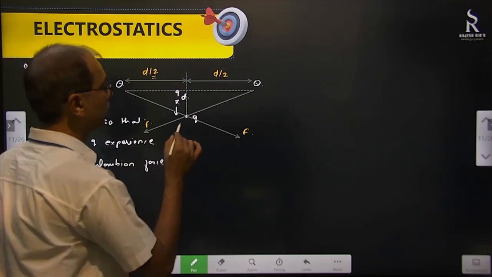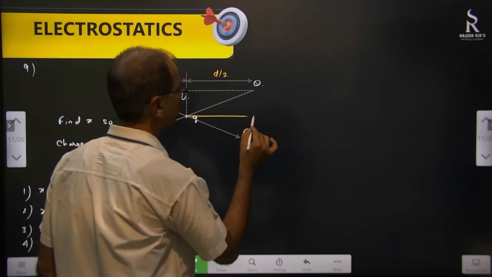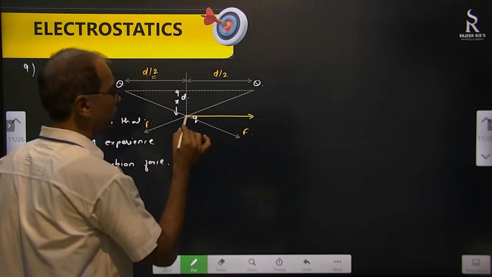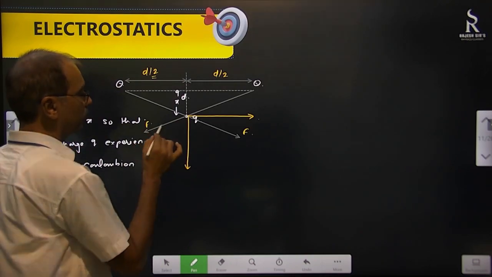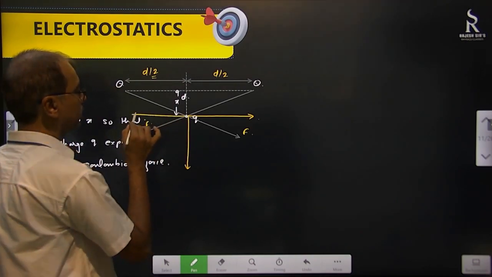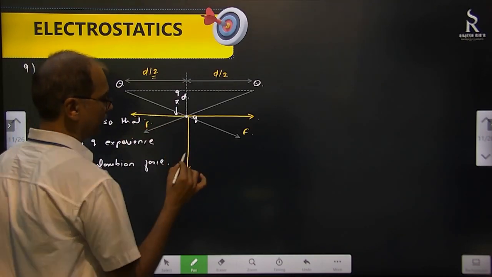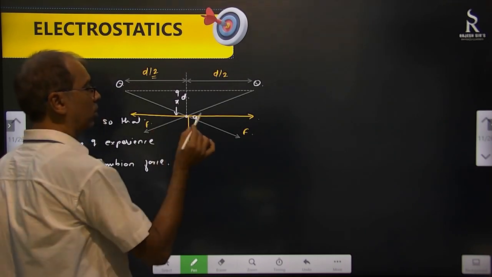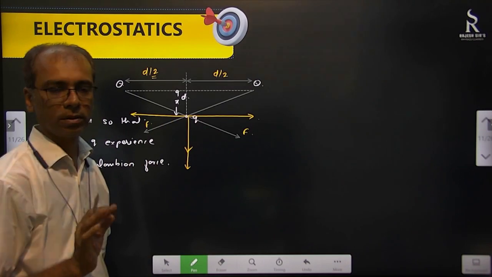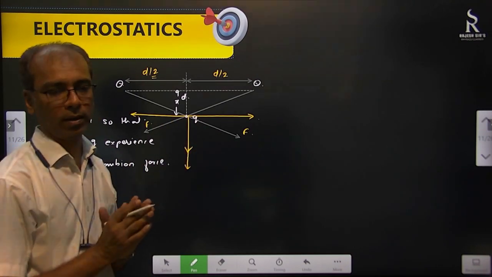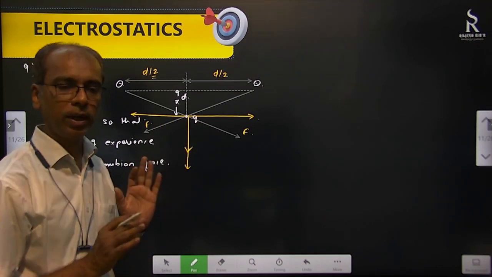So there is one component like this and one component like this. Same way for this force also, one component like this and the other like this. You can see that the horizontal component is getting cancelled. Vertical component is getting added.